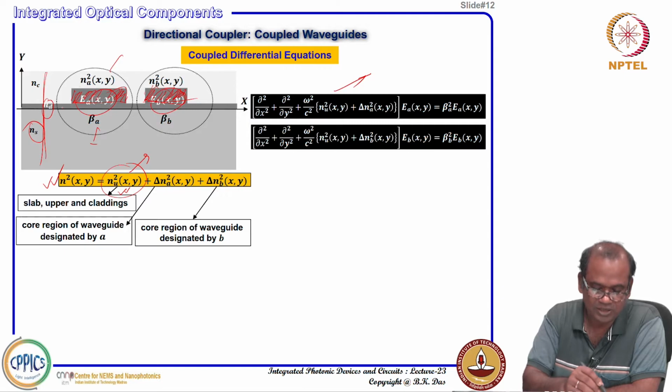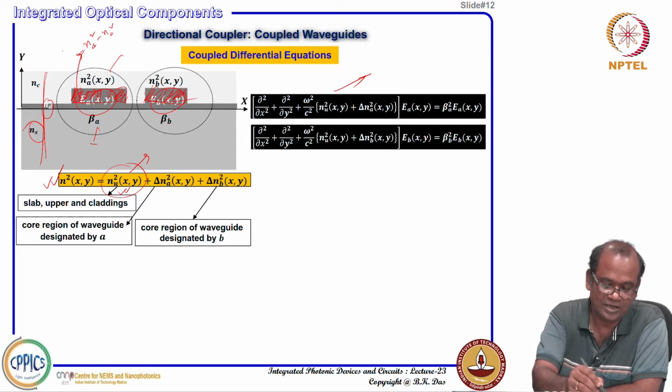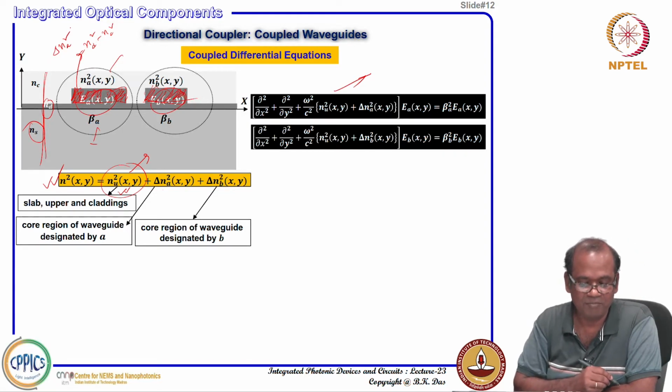Now, I can consider delta n_a square, that means only the additional part, this region. What is the additional refractive index? You have Nd square minus Nc square, that is your delta n_a square.